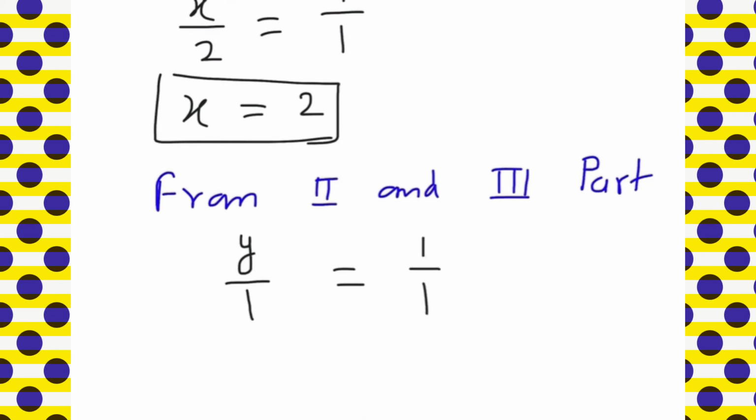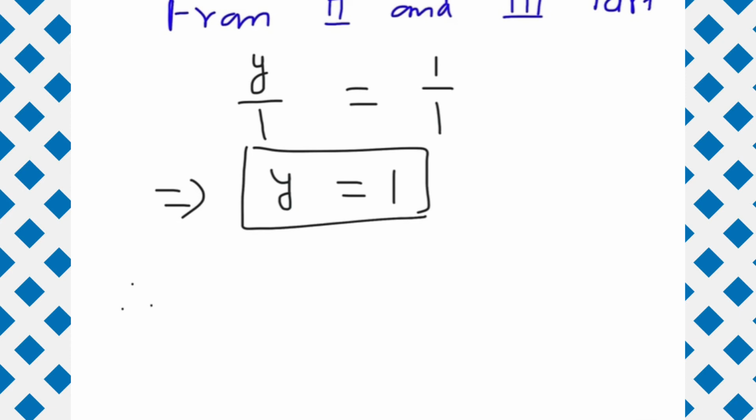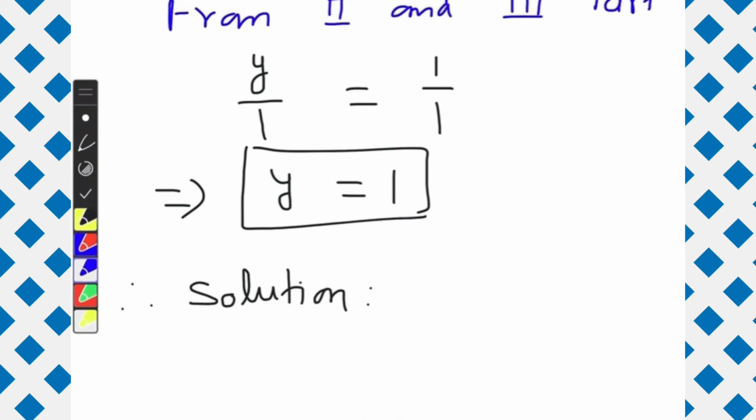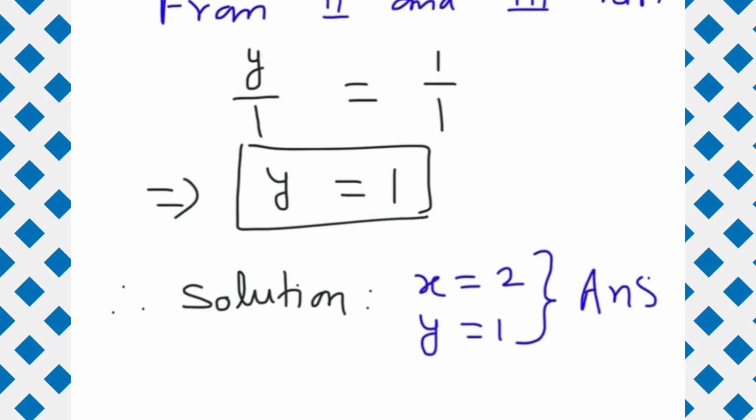So dear, by cross multiplication, otherwise you will find here the value of y, that is y equal to 1. So this is the value of y. Finally, therefore the solution is x equal to 2 and y equal to 1. This is the final answer of this question.